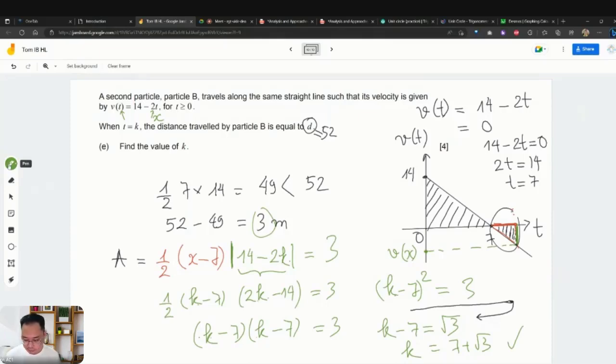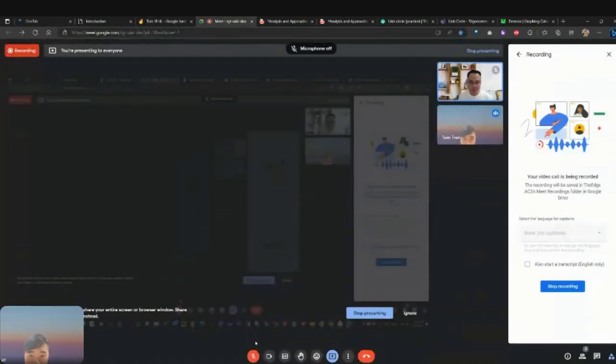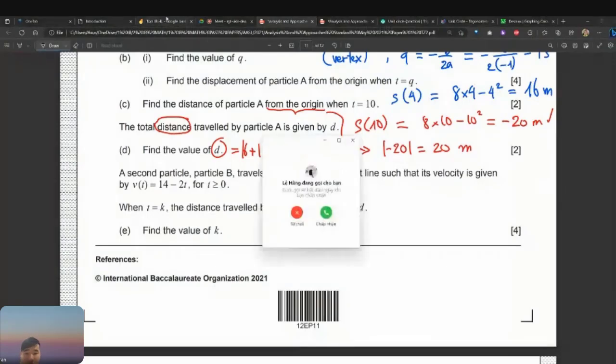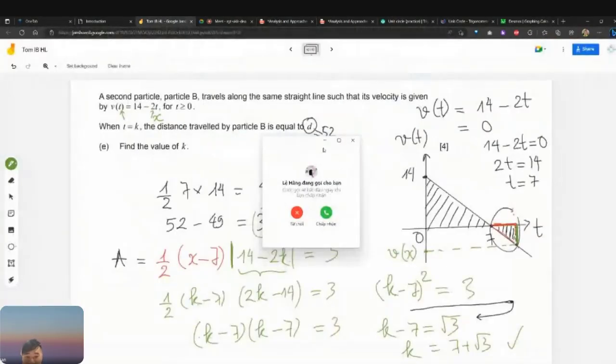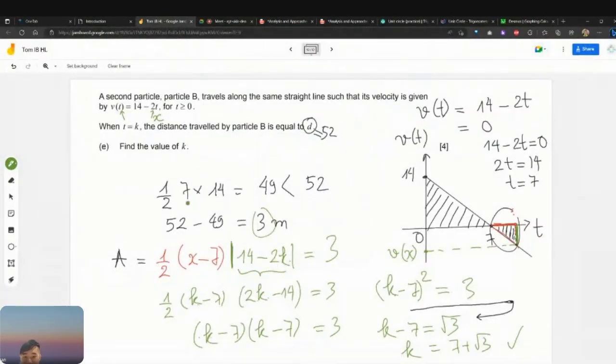Got it? Wow, this is pretty hard. That's the last question. It's supposed to be difficult. We also use that formula from the formula booklet, the one for distance. I'm just guessing. I'm not even sure if we can use it.